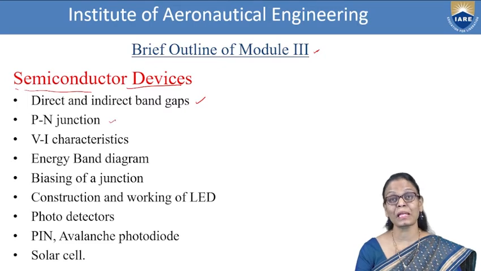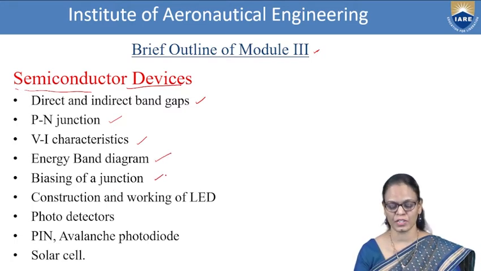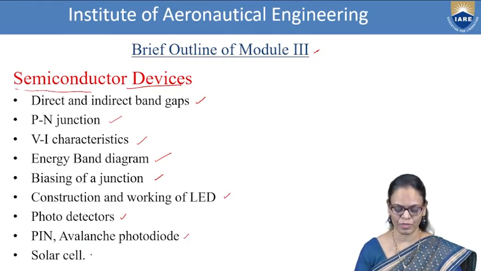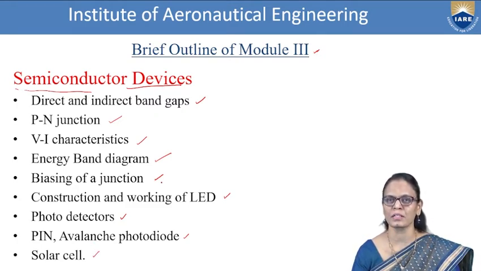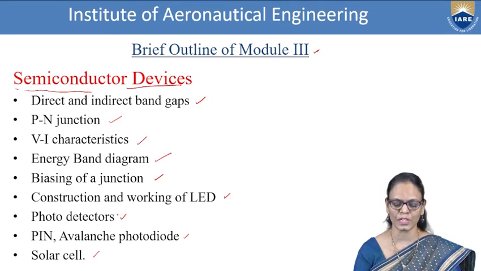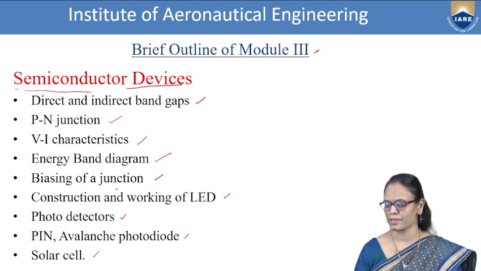Then we have a PN junction, VI characteristics, energy band diagram, then biasing of a junction, construction and working of LED, photodetectors, pin or avalanche photodiode, and finally the solar cell. So we are going to discuss all the definitions and terminology that is involved with all these topics.